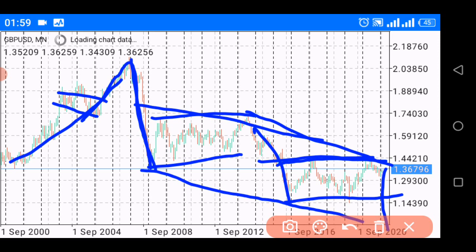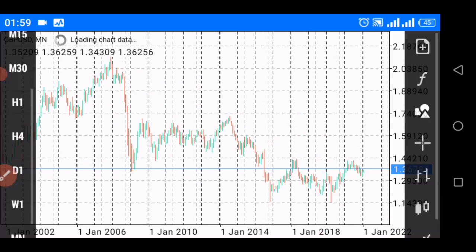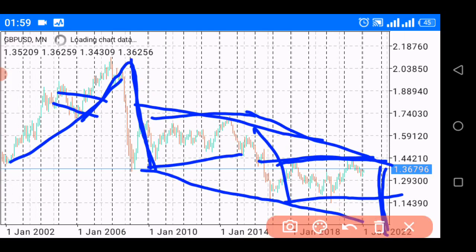We are looking at this movement here now to trade the breakouts from down here and down here. So we are looking at this movement majorly. This is the movement we are looking at.